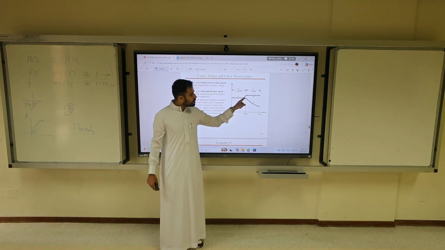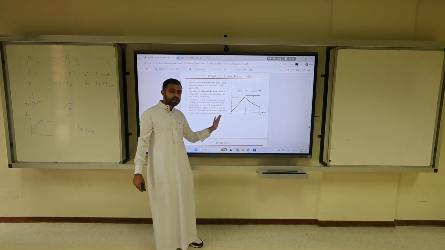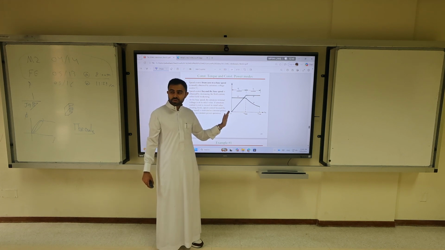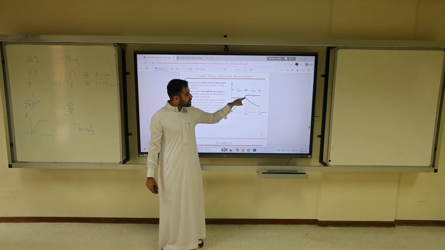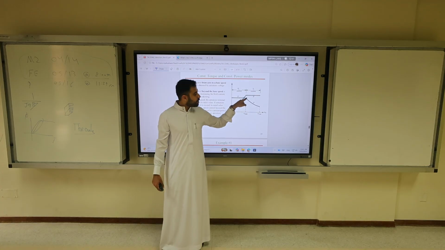Once you reach V rated, you do IF control after the omega base to increase the speed. So to reduce the speed below the rated speed, you use V control. To increase it, use IF control. Here the torque is constant. After the IF control, you have to drop the torque.